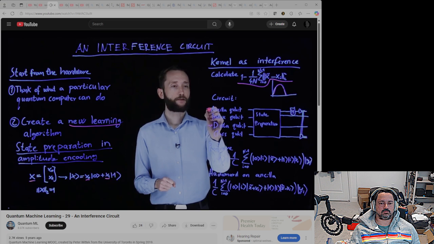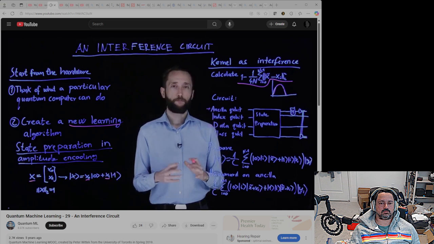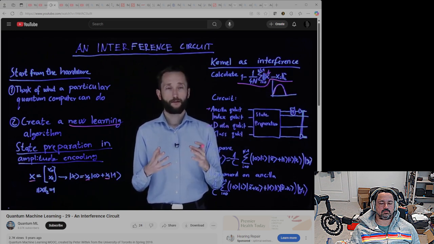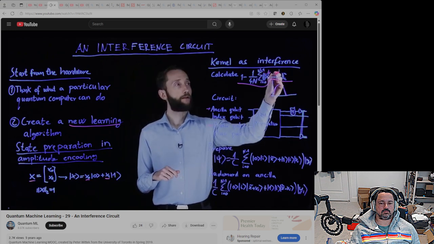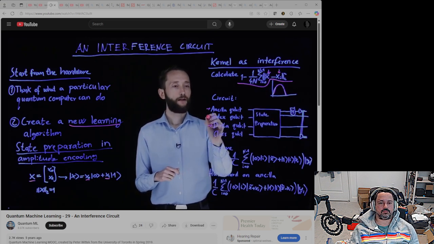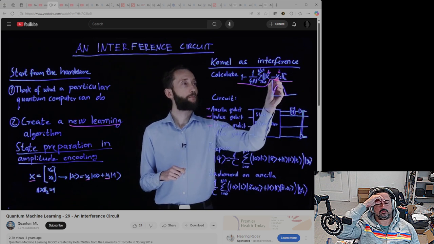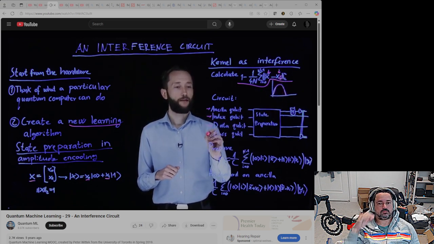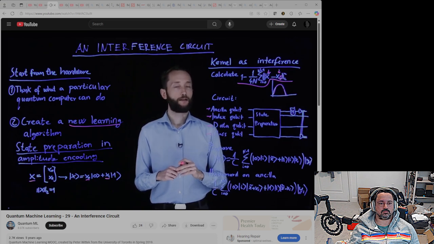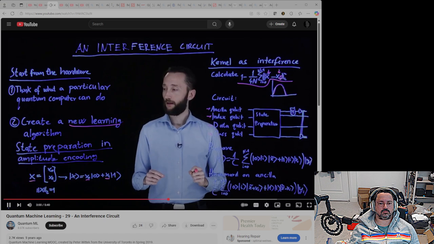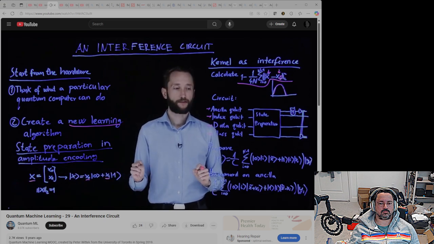Then we have an ancilla qubit, which will be entangled with the test instance that we are trying to calculate the kernel on, and the data instances that we are given in the training set. Then we will have an index qubit, which just keeps track of this index here. And then we have a class qubit, which will contain the label corresponding to a particular data instance.